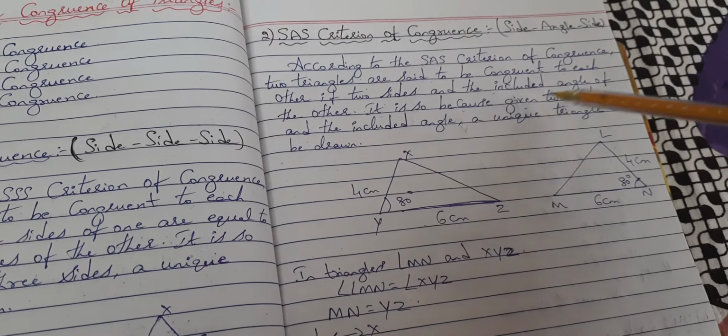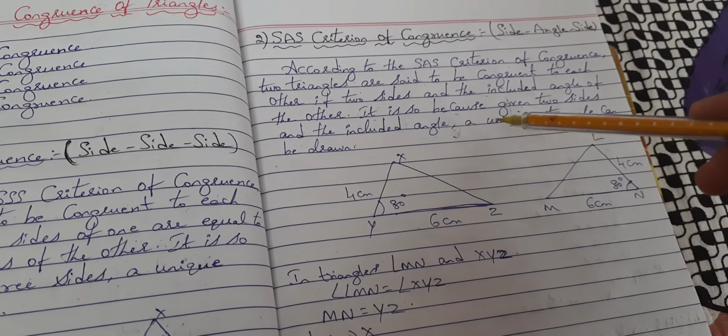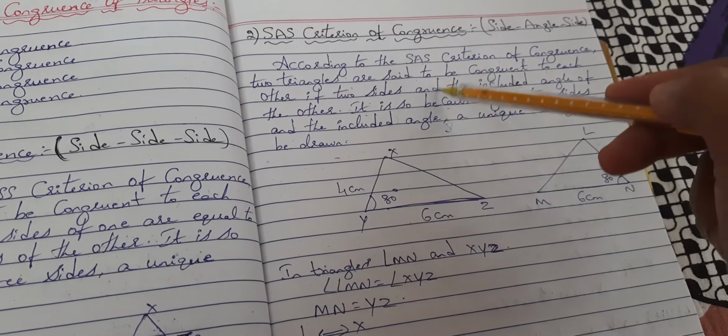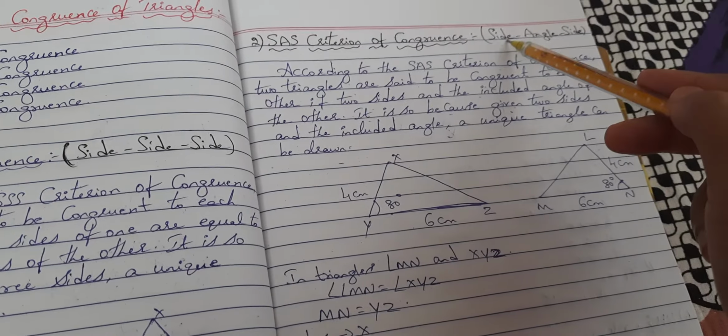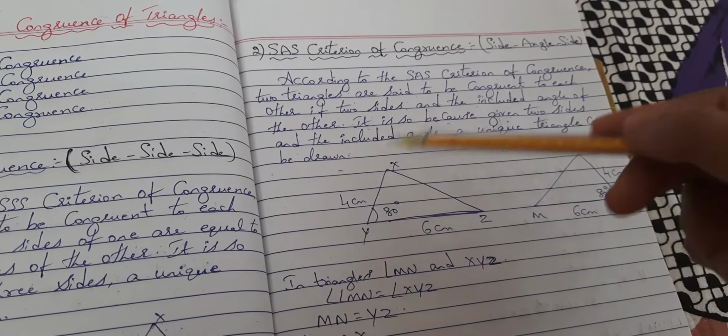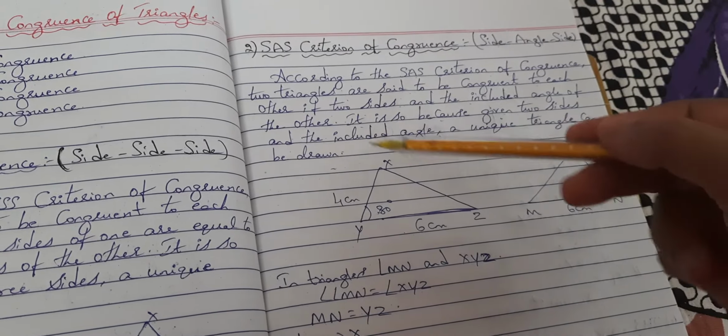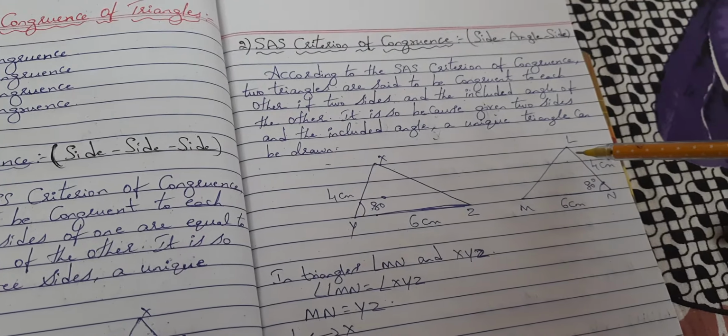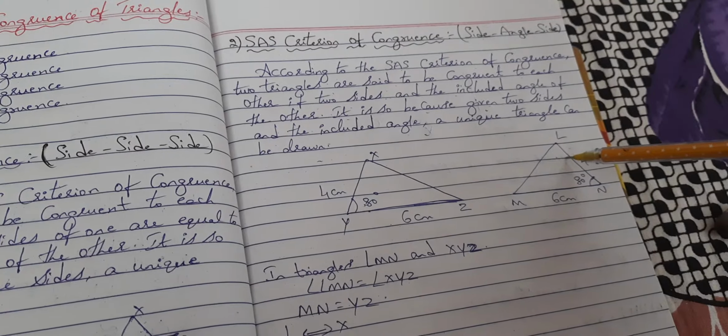It is so because given two sides and the included angle, a unique triangle can be drawn. Here it is side, angle, side.